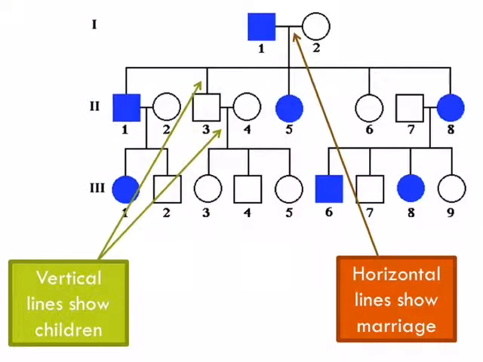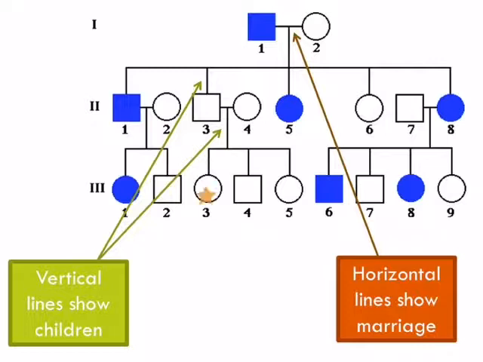Horizontal lines are showing that 2 individuals are married, and vertical lines are showing descendants or children. So in this one, person number 1 is married to person number 2. Person number 3 is married to person number 4 here.